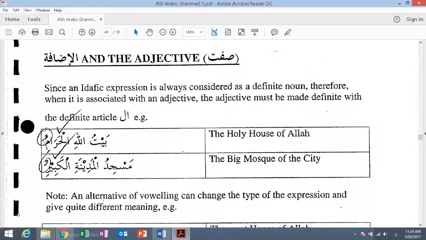And al-haramu is marfu, rafa, is sifa. So Baitu is in the rafi case. Al-haramu is in the rafi case. So both of them are in the rafa case.